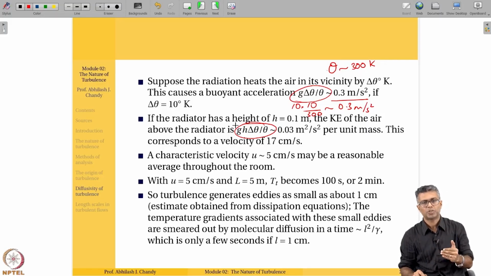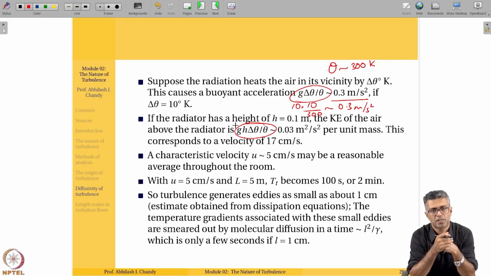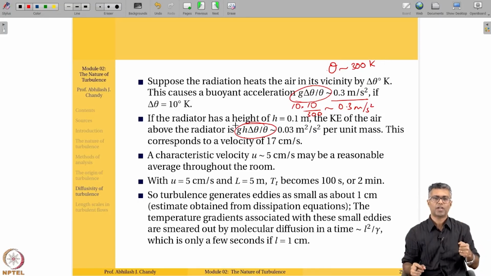This kinetic energy per unit mass corresponds to a velocity of 17 centimeters per second. Kinetic energy per unit mass is half v squared, so to find the velocity you multiply by 2 and take a square root.